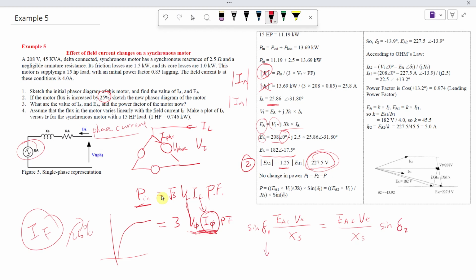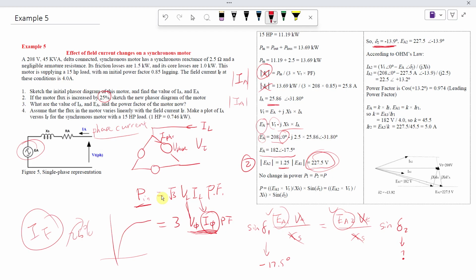So we know this one is negative 17.5 degrees. We do not know this one, and that's what we want to know. We know EA1, we know EA2, we all know them, and these cancel. So we can find the relationship and get this delta to have a new value.